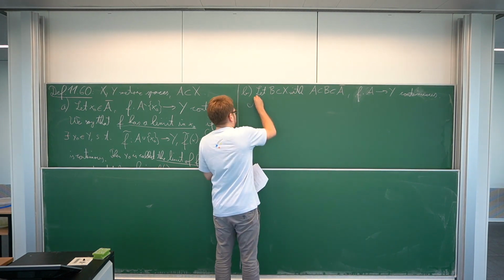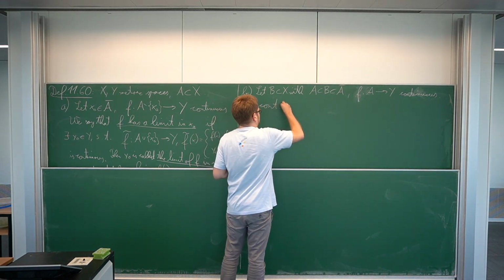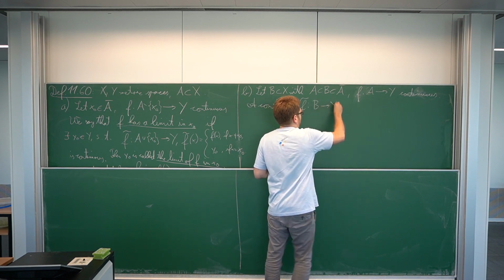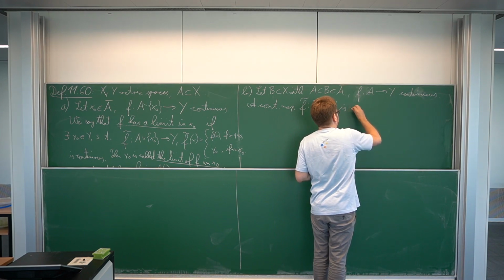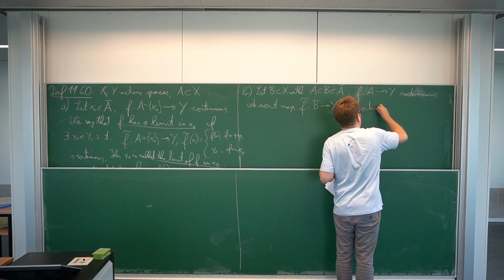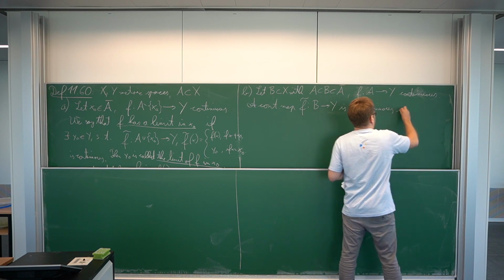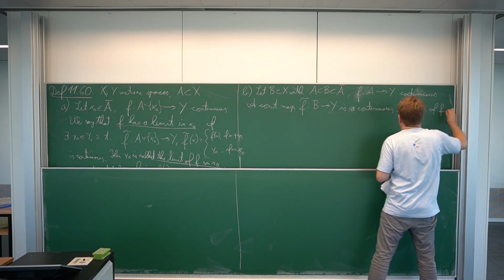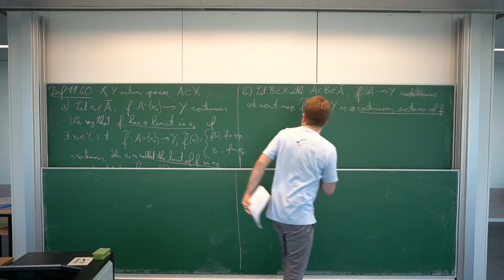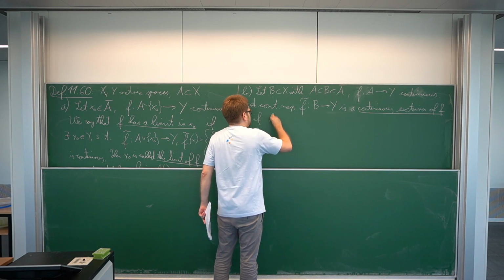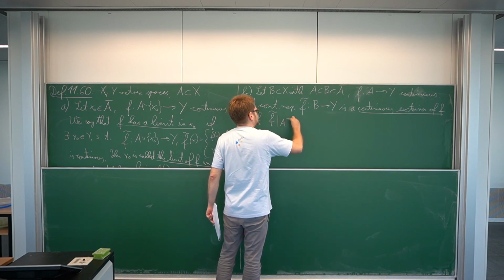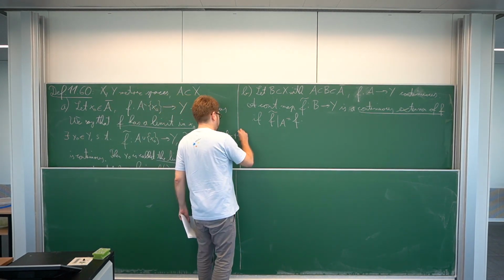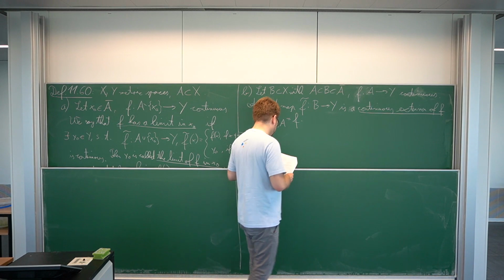Then a continuous map F tilde from B to Y is called a continuous extension of F if, in the same way as last semester, F tilde restricted to A is the same as F. So it's really a continuous map which coincides with F on the place where F was already defined.